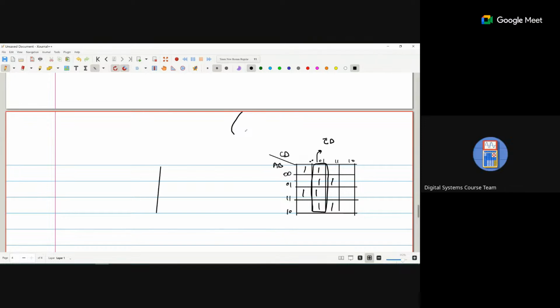Now, if you are talking about the multiplexers, we have a 4 cross 1 mux where the select lines are A and B, with S1 and S0, and output Y. Now, how do we implement this?